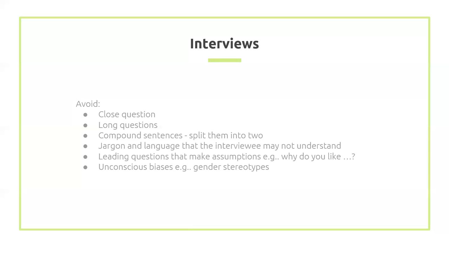And then try to avoid unconscious biases such as gender stereotypes. We don't really have gender stereotypes here in Indonesia, because we don't really have gender specific terms. For example, in English, when people say, "Hey guys," that is actually a bit gender specific.